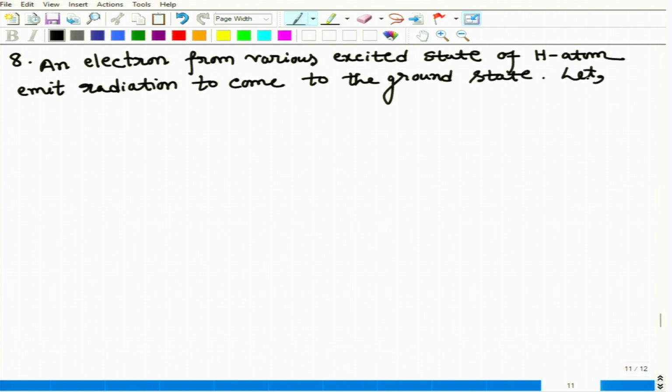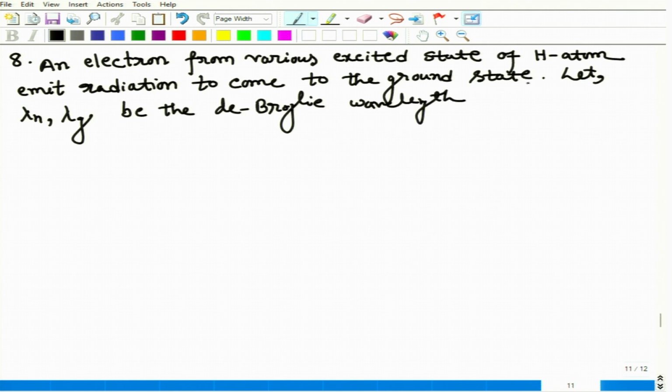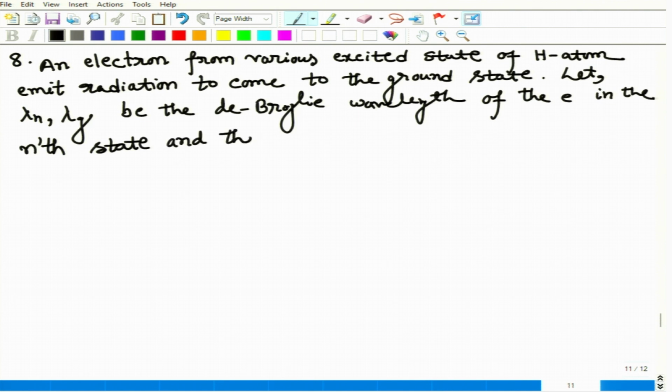Let lambda n and lambda g be the de Broglie wavelength of the electron in the nth state and the ground state respectively.